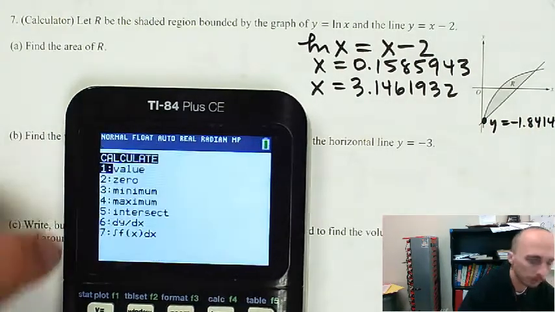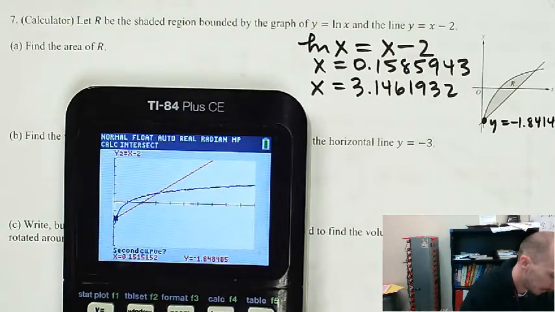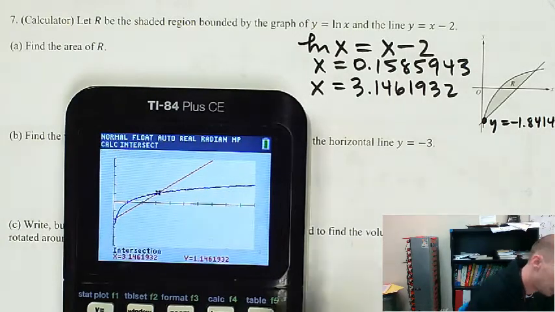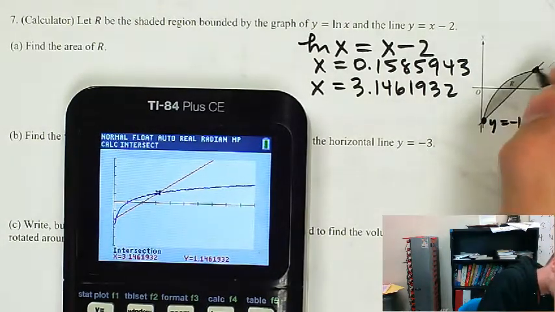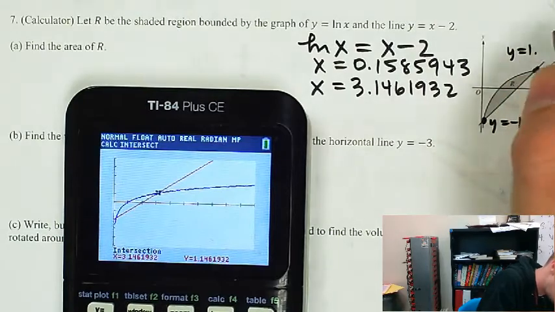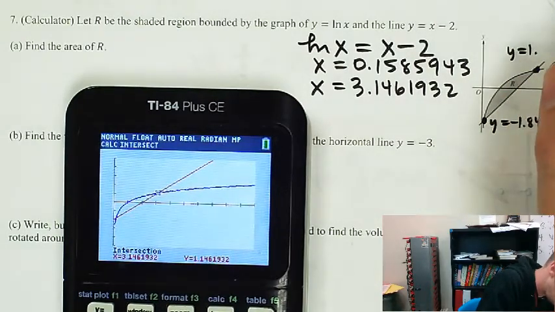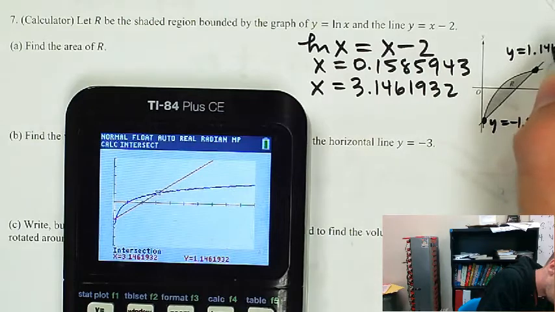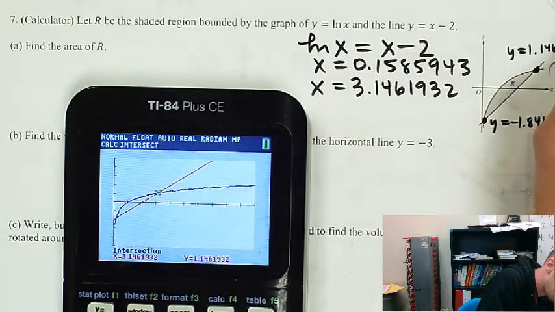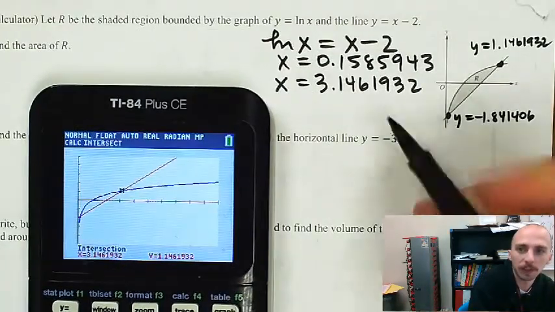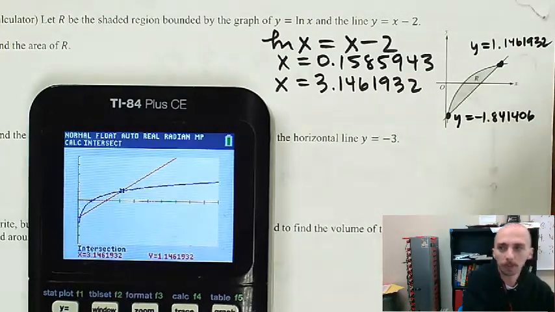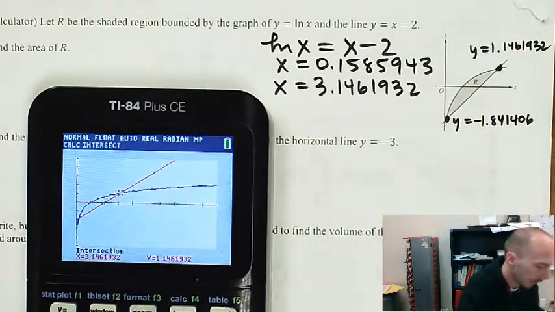I'll do this one more time. Guess is 3. And this is going to be positive 1.1461932. Oh, that makes a lot of sense because it's y equals x minus 2. Okay, whatever. It'll be okay.